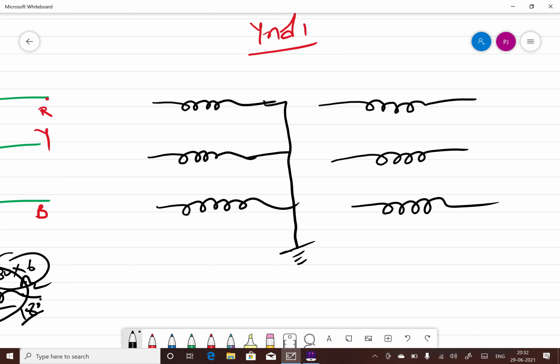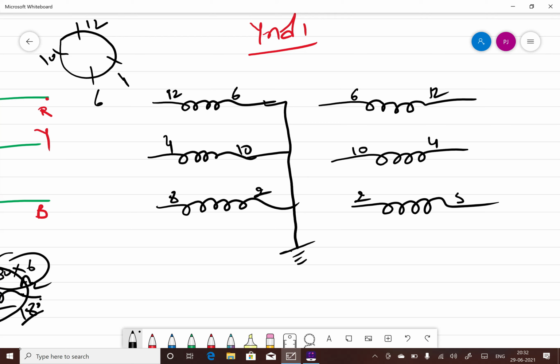So first of all, we already know from this last that R phase, if it starts at 12 and terminates at 6, Y phase will be at 4 and 10, and B phase at 8 and 2. This I have already explained to you. Likewise on the delta side you must write this as 6, 12, 10, 4 and 2, 8. Now what connection do you want to have?